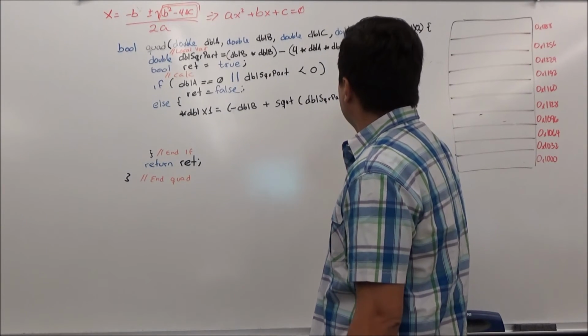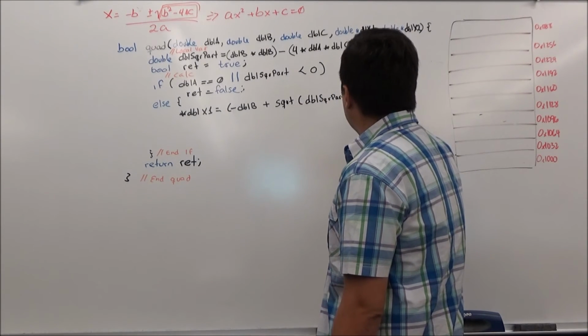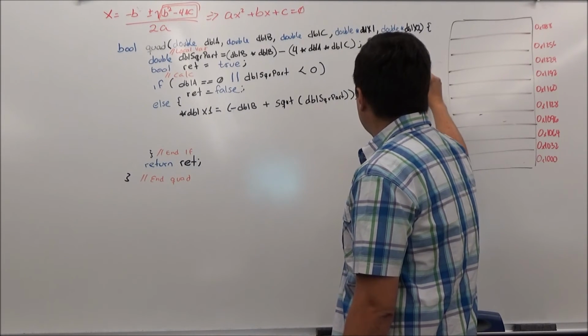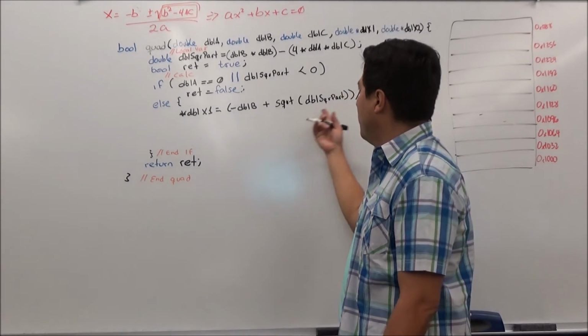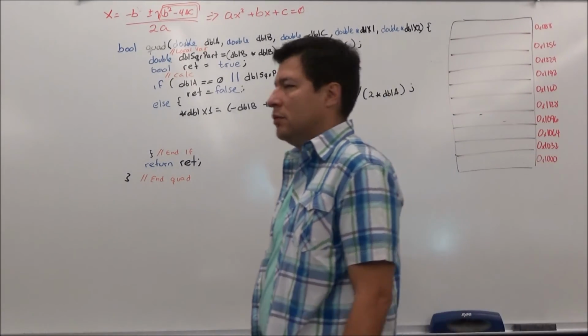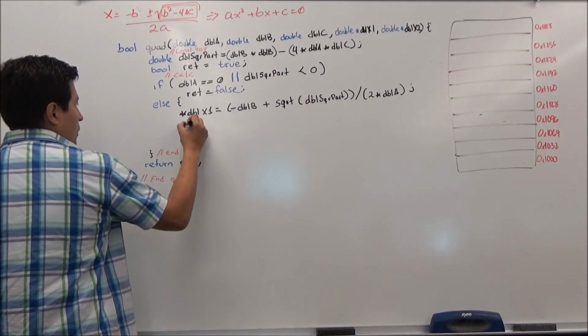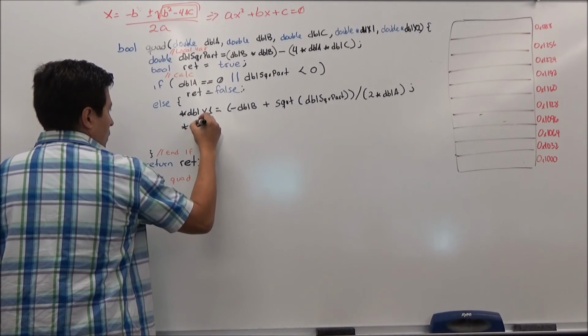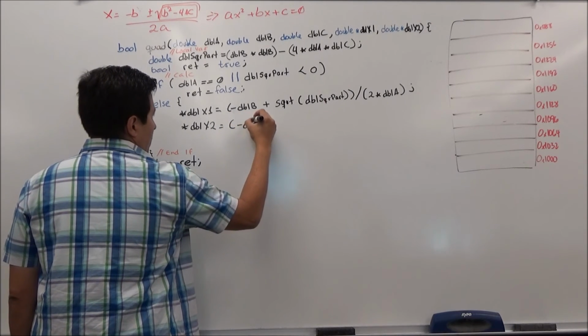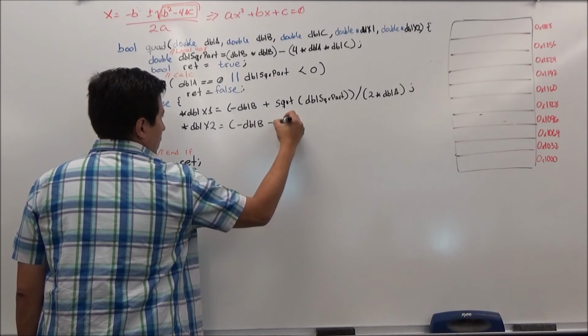And this whole thing divided by 2 times double A. If you don't put the parentheses, you can try it and then you're going to get weird answers. And then double x2 is the same with a negative.